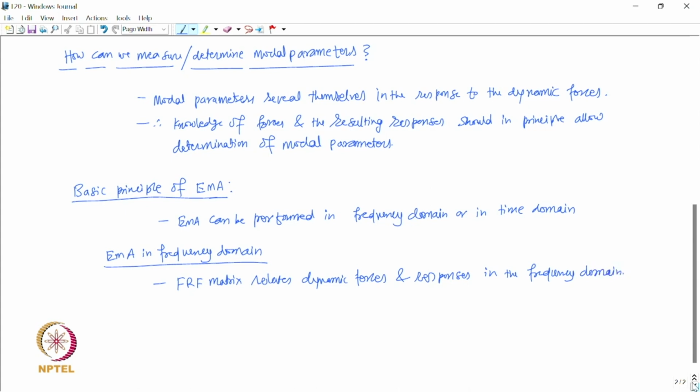Therefore, the FRF matrix constitutes the response model in the frequency domain.